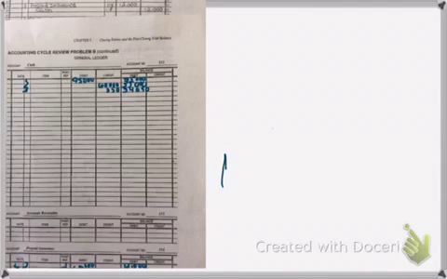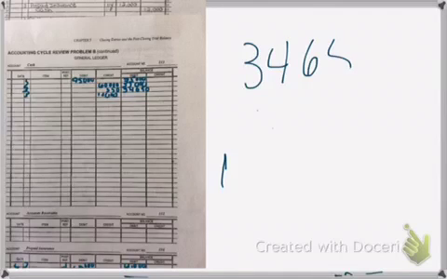The other side of the entry would be that cash account. This is on the 3rd also. So you would have the 3rd, and we're actually paying out $12,000. So when I do the 12,000, it goes in right here. And then that balance would then be, I would take the 34,650 balance that we had.